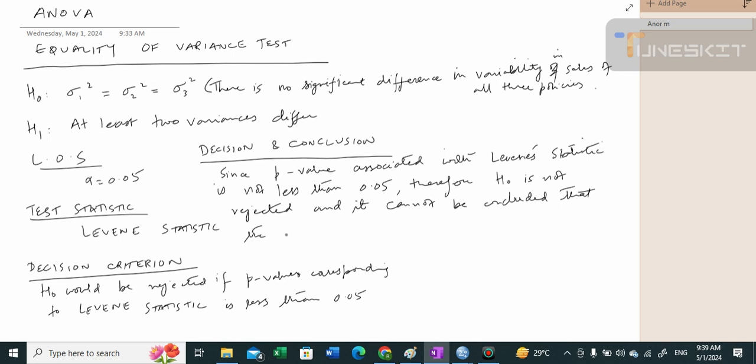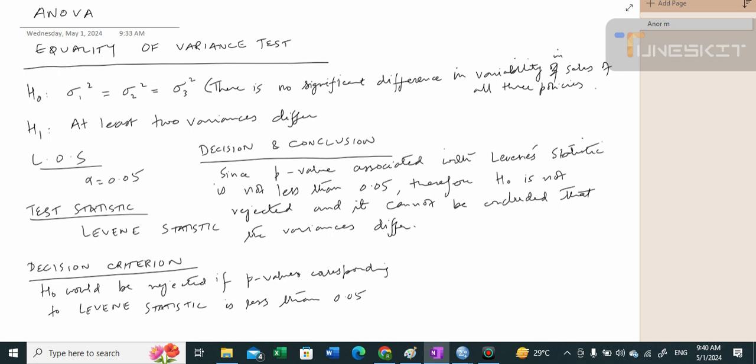Or over here, since equality exists, the statement that the variances differ may be a sufficient argument. So this is how we perform the equality of variance test.